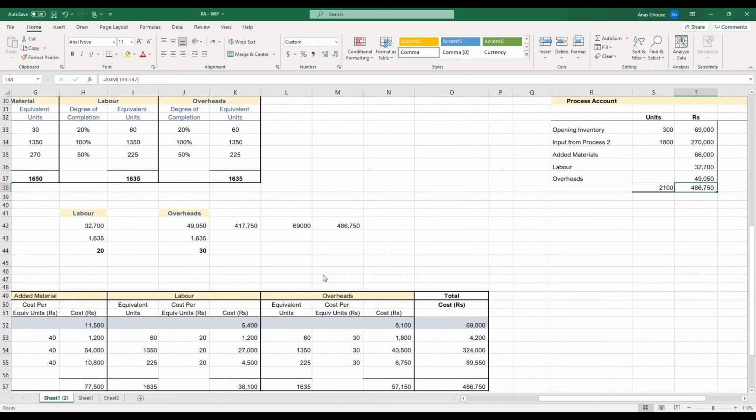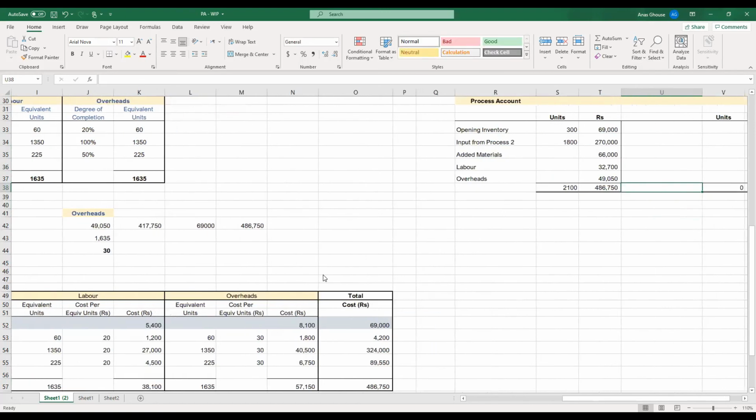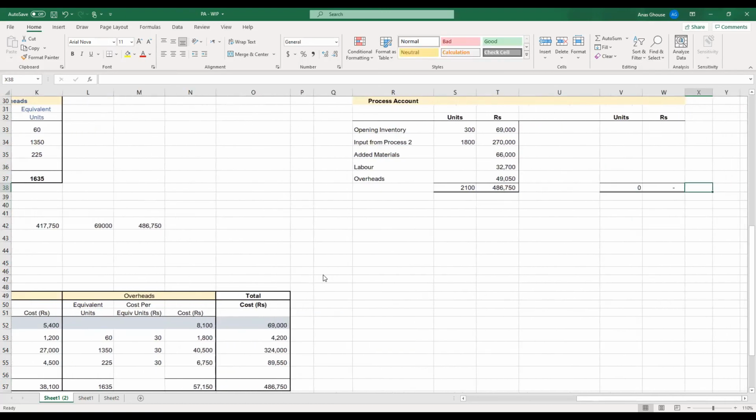The total cost is 486,750. Now this one we need to distribute like finished goods from process 3, and this is process 3. Then we have closing inventory.